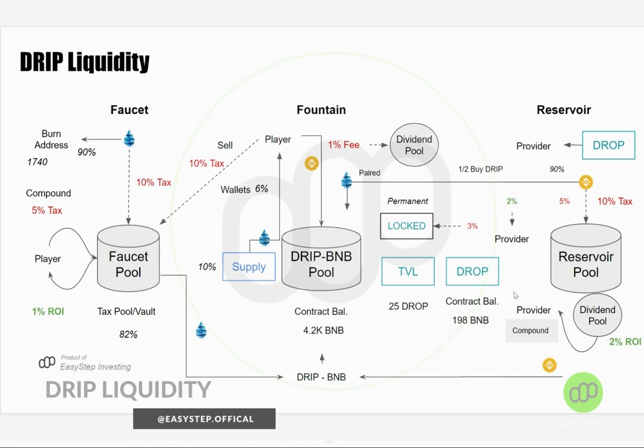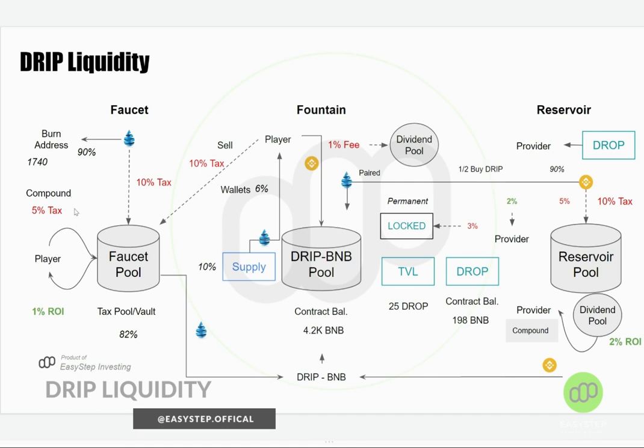The third place we can find BNB is down here. And what we're seeing here is that BNB is being paired with DRIP from the faucet pool. And this pairing comes from DRIP through that compound transaction. Actually, the 5% tax.